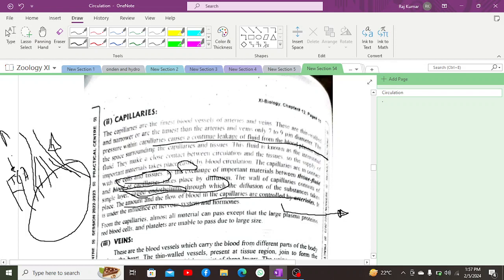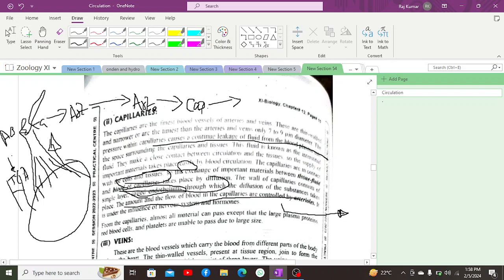So blood pressure is highest in the aorta, then it decreases in arteries, then it decreases further in arterioles, where it further decreases into the capillaries, where there is the lowest blood pressure in our body.